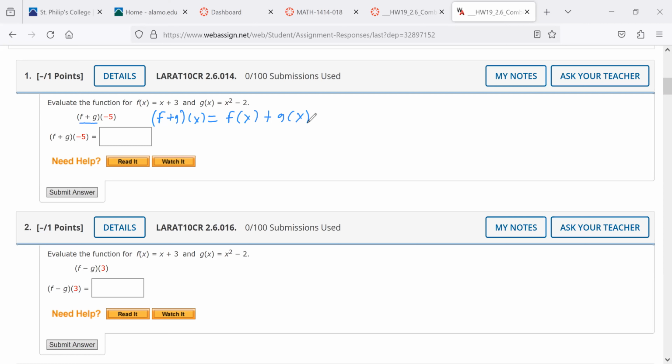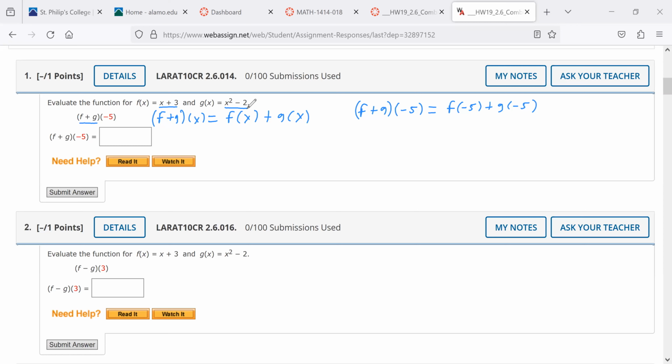So for this example, f plus g of -5 is equal to f of -5 plus g of -5. Just plug it in. Here is my f and g.